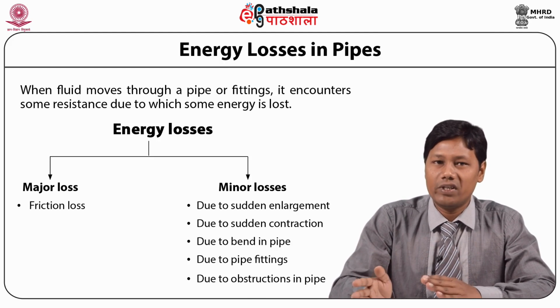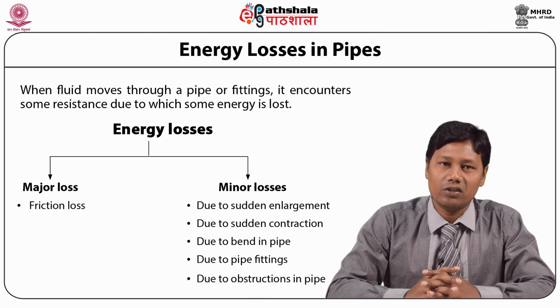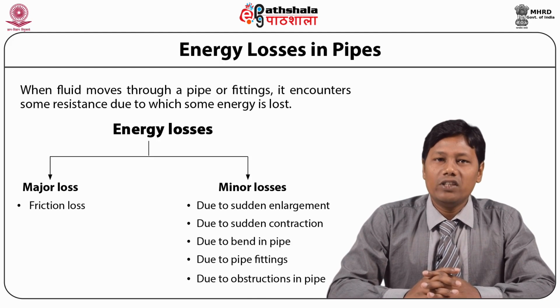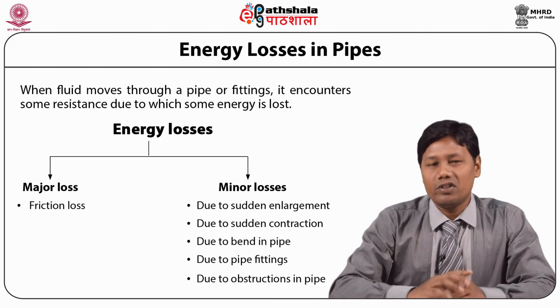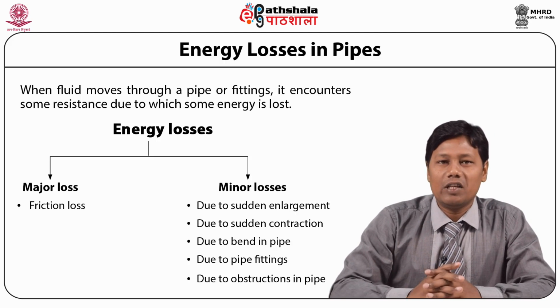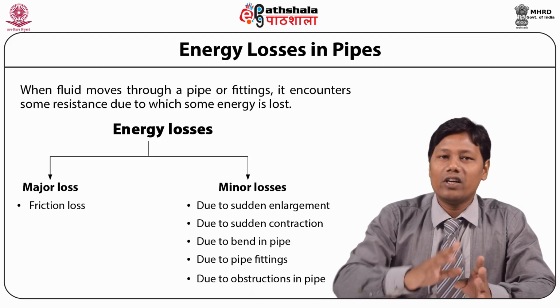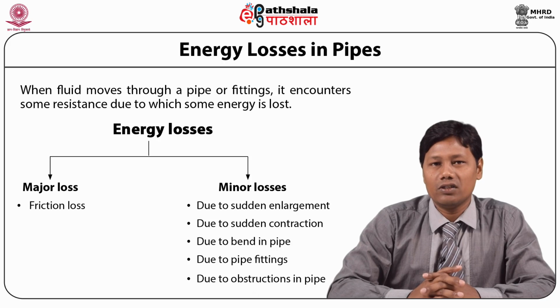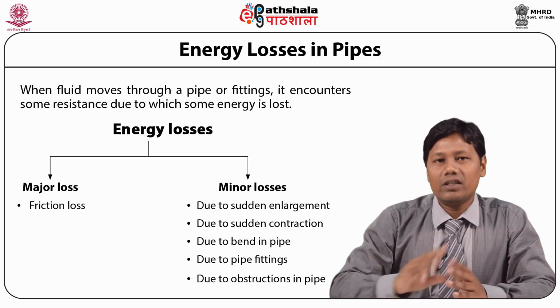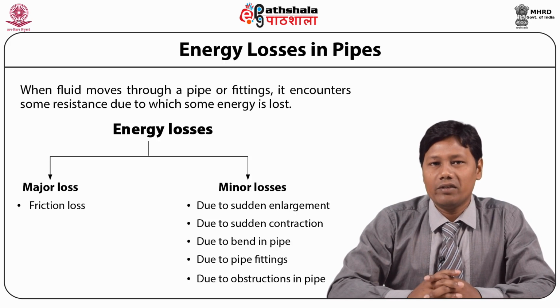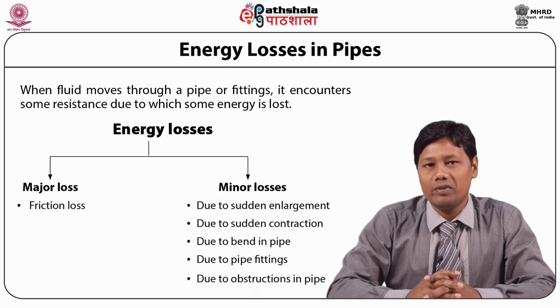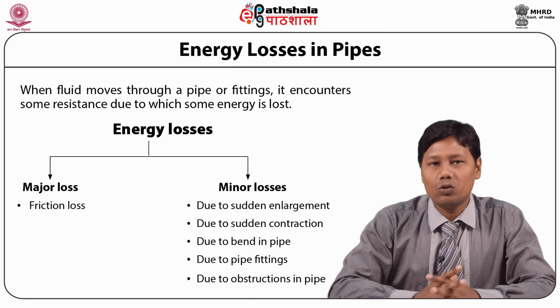Because of those pipe fittings, there may be some losses. Also, if there are some obstructions, then there will be some small losses of energy. But overall, these losses are very insignificant. That means we can exclude those losses.